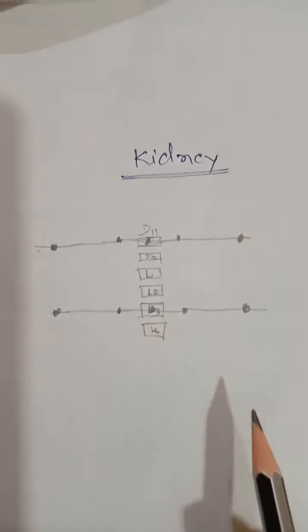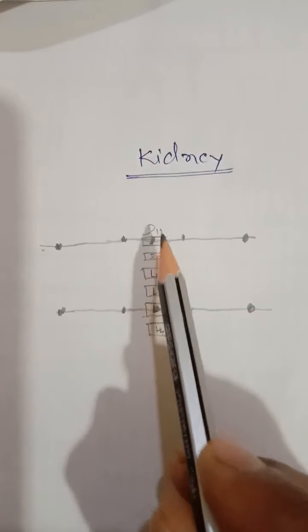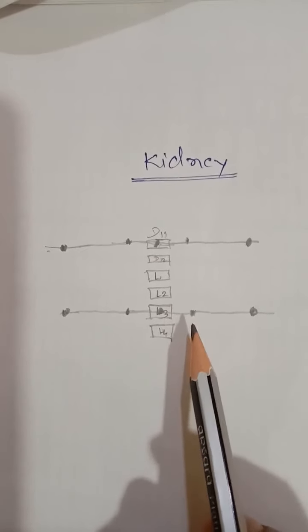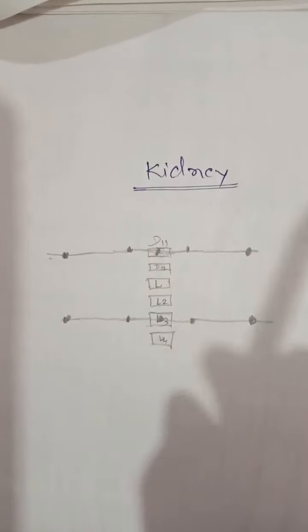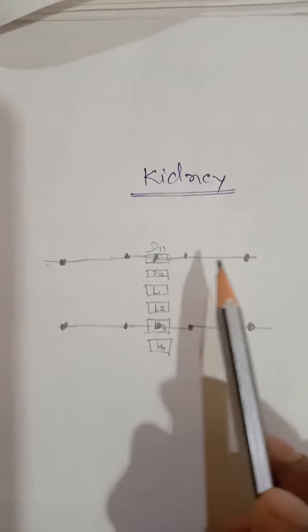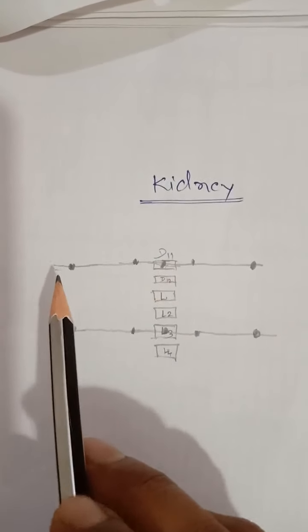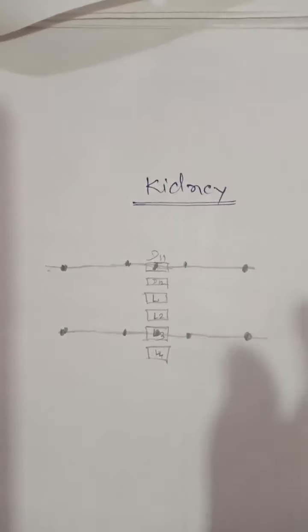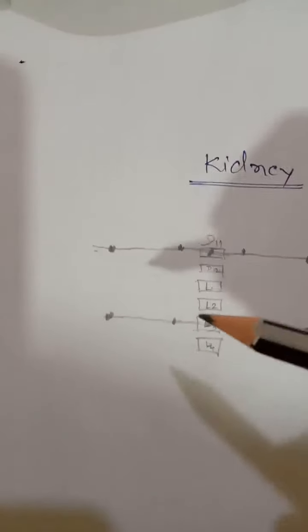Then draw the two parallel lines on both sides at the level of the D11 and the L3 vertebra, from the 2.5 centimeter on the right and the left side, and the 9.5 centimeter from the D11 vertebra on the right side and on the left side. So here you can draw the two parallel lines.